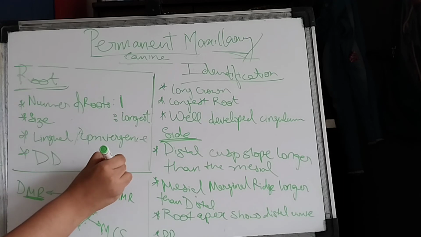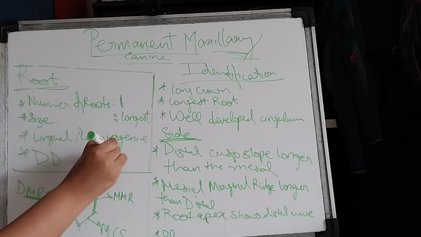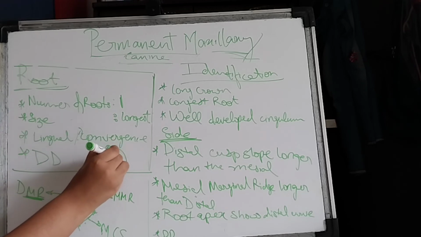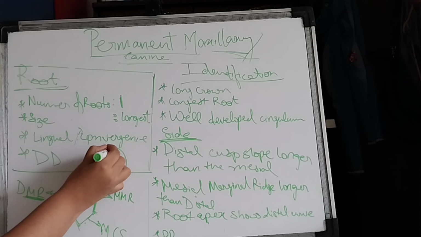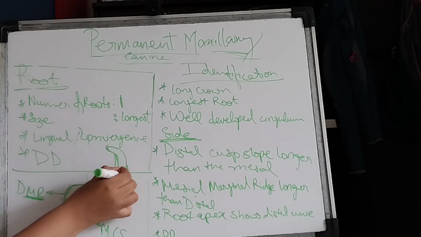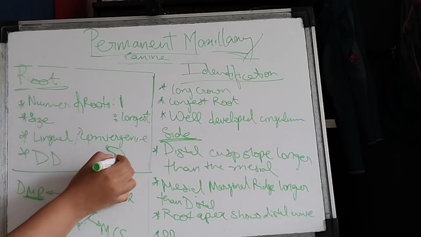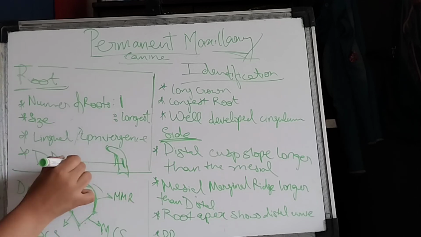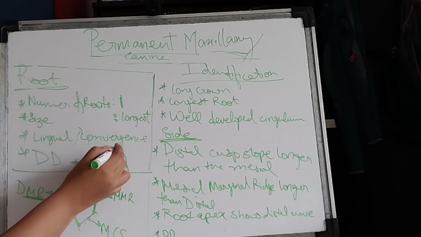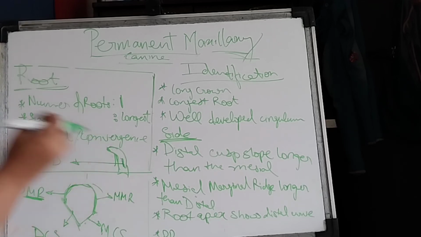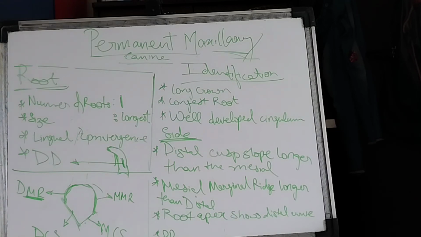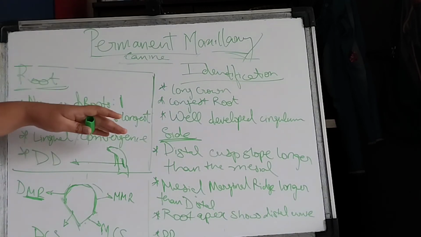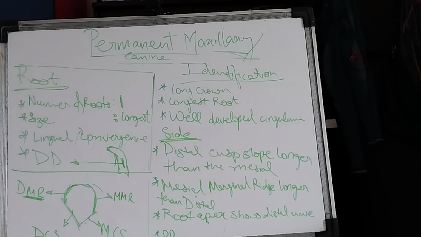Let me show you. There is a bit of distal curvature. It is a small bend, and then the crown. They have got DDs, and there is a distal curvature on the distal side of the root.